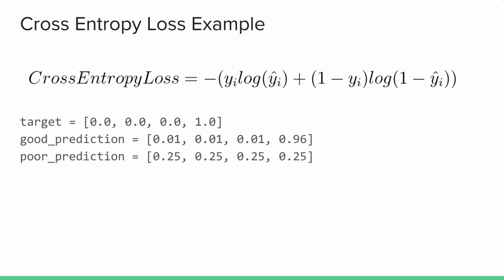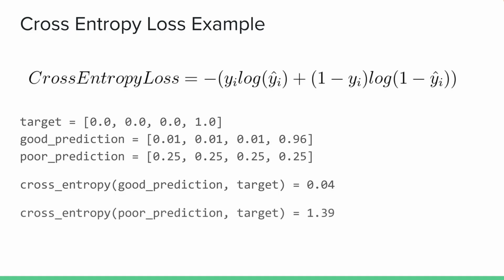A good prediction would be something that has 0.01 for the first 3 classes and 0.96 for the correct class. And then we have a poor prediction which just guessed and said every class is equally likely. If we put those two in here, we get a loss of 0.04 for the good prediction, and 1.39 for the poor prediction.